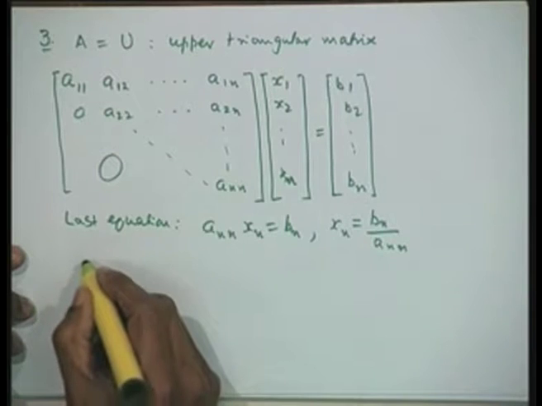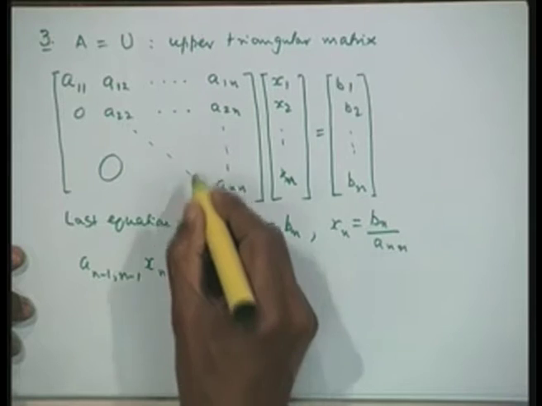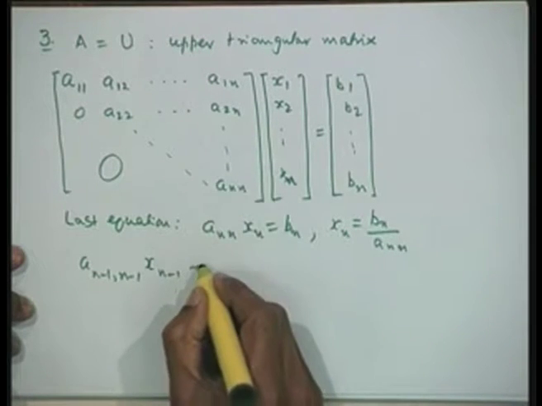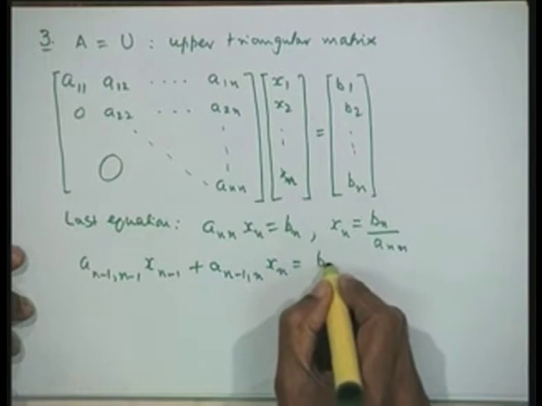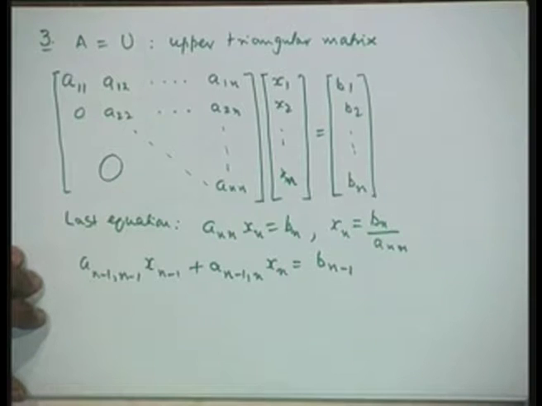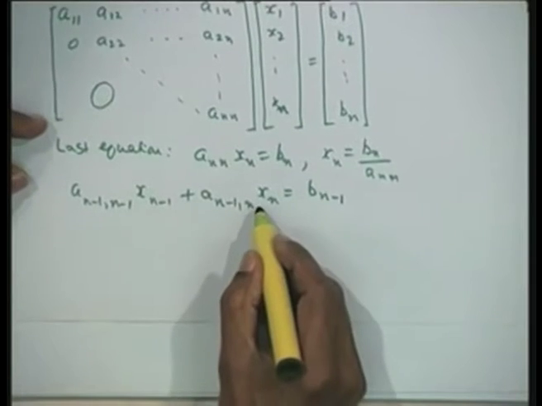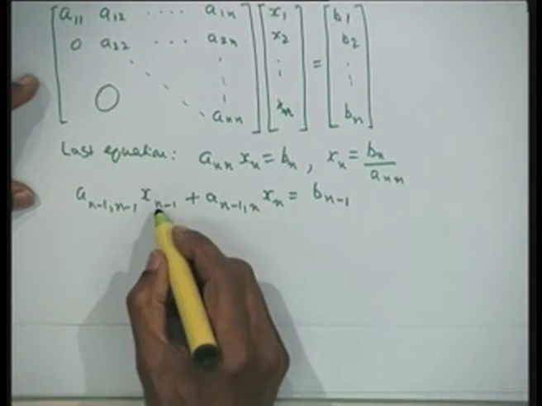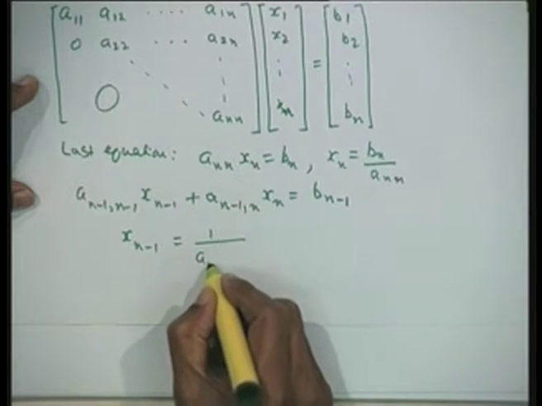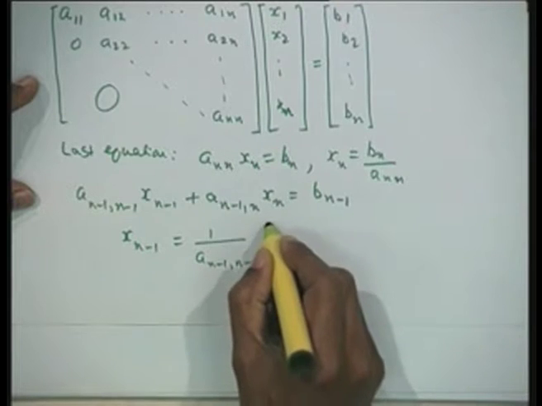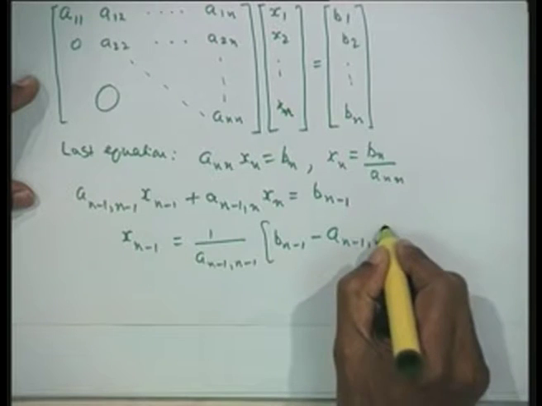The previous equation will read a n minus 1 n minus 1 xn minus 1, that is the diagonal element, plus the last element a n minus 1 n xn, is equal to bn minus 1. Now, xn is determined, so this goes to the right hand side. I can find xn minus 1 from here as 1 upon a n minus 1 n minus 1, times the right hand side bn minus 1 minus a n minus 1 n xn.